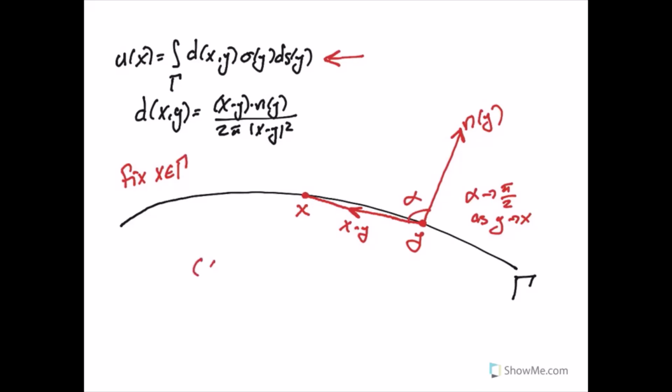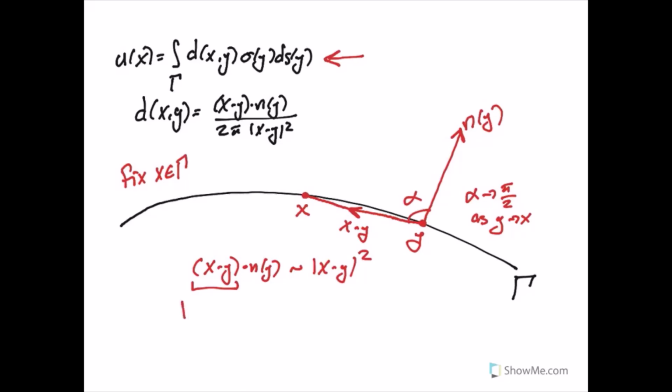So what this means is that x minus y dot n of y does not converge like the absolute value of x minus y. Instead, it's |x minus y| squared, because this vector goes to 0, but in addition to that, the angle between the two vectors goes to pi half. Right. So we actually have the same strength in the denominator as in the numerator.